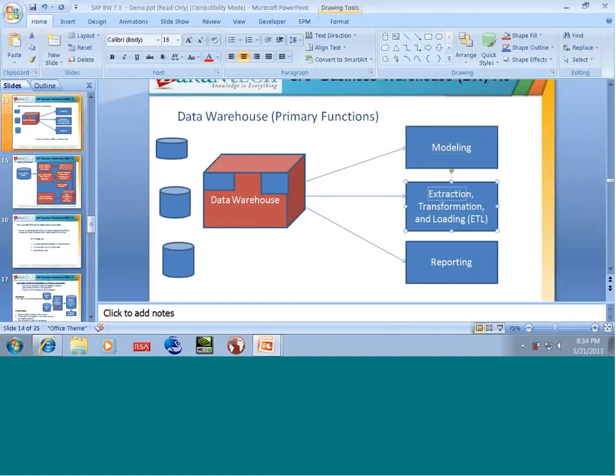Now I'm going to be doing extraction. What extraction means is this data warehousing tool will now interact with all these independent databases, and extract data from the source systems. So that is the extraction part.